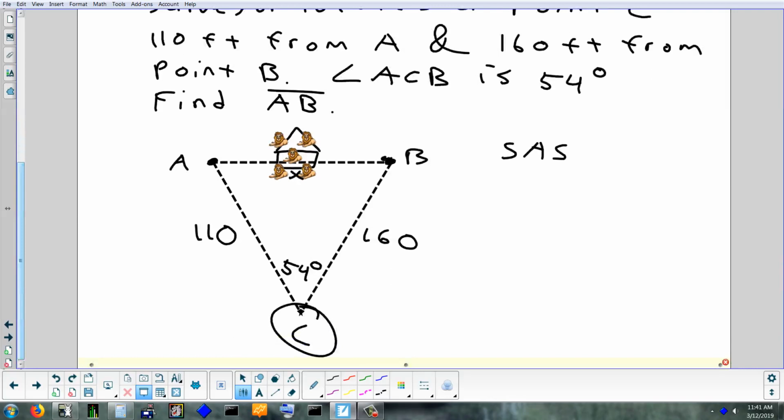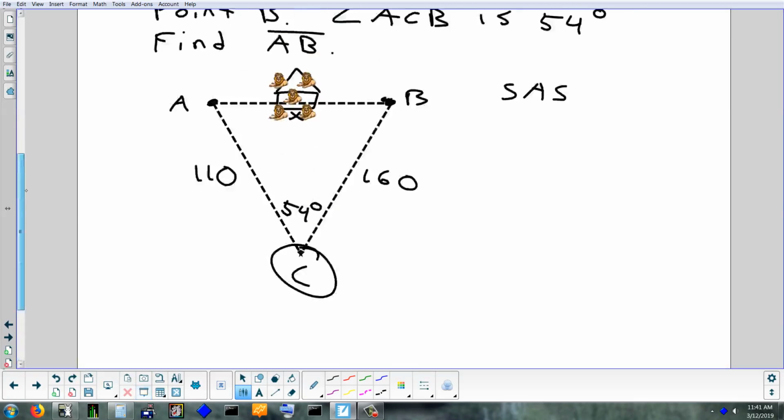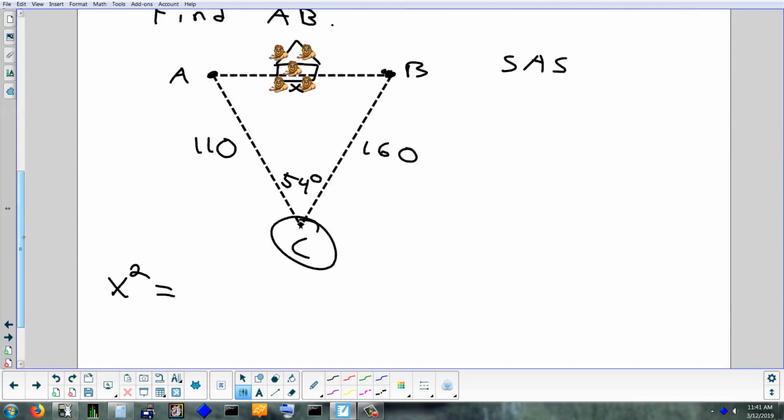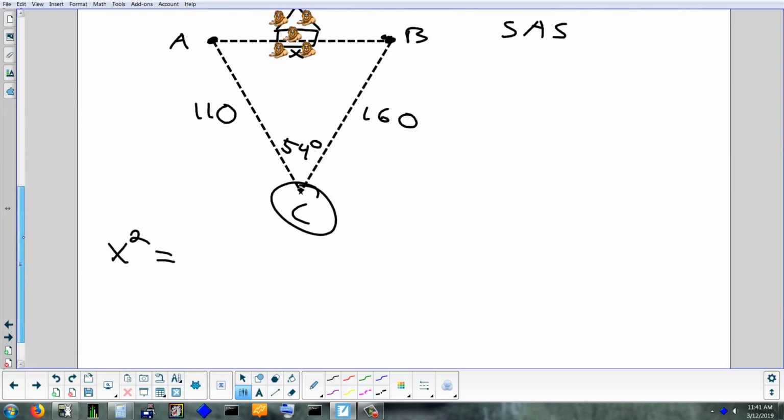So, doesn't matter what you call this other side. Call that side on the top x. I'll set up the formula, but then I'll leave the rest to you. So this would start out x squared equals, and what would come next? 110 squared plus 160 squared minus 2 times 110 times 160. Yep.